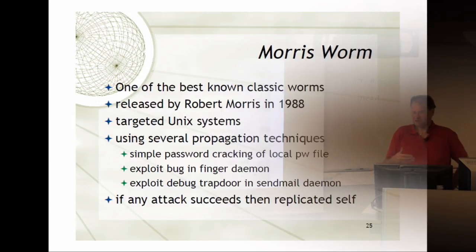It was noticed that things were happening. Lots of systems, a lot of traffic from this worm. And it actually slowed down, and parts of the internet routers crashed because of the load of all this traffic. So it was found out very, very soon, and it cost a lot of money to repair all these systems.